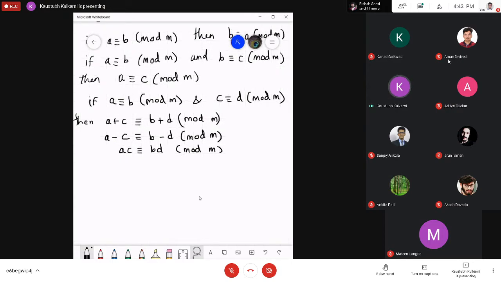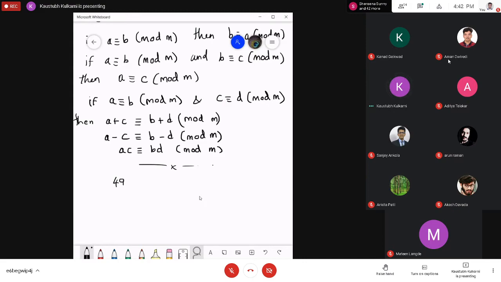Now this last property, AC is equal to BD mod M. Now consider you want to find a remainder when a large number is to be divided by M. Okay, so as a small example, now you can do this easily, but still, first we'll start with a smaller example.